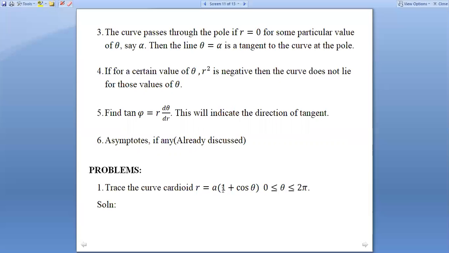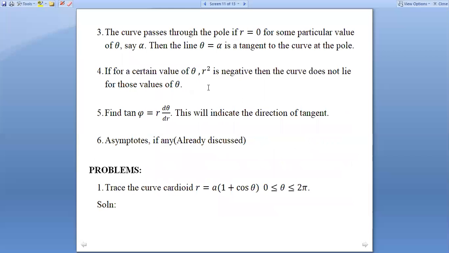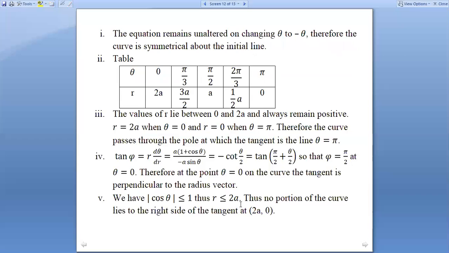You have r is equal to a into 1 plus cos theta, where theta lies between 0 and 2 pi, and we are taking that a is a positive value. So the first is you need to find the symmetry. To find the symmetry, you replace theta by minus theta. When you do that, cos of minus theta is plus cos theta itself. So the equation of the curve is not altered. Therefore, we can say that the curve is symmetrical about the initial line.